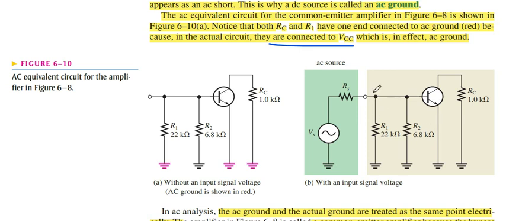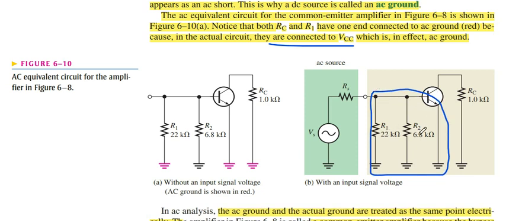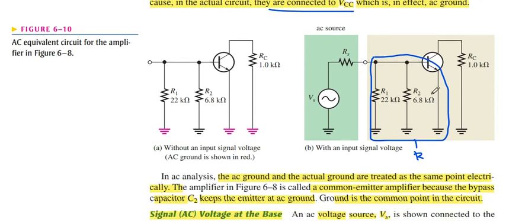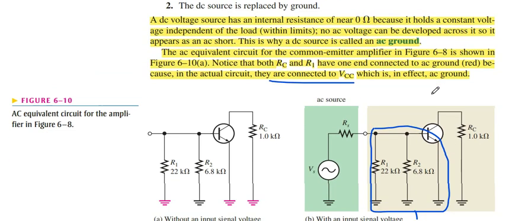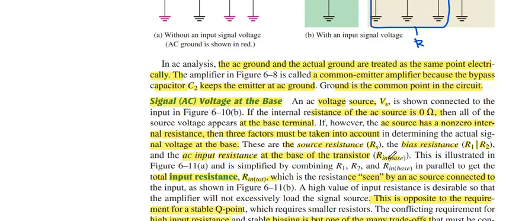First, we replace these three resistances by using one resistance, because the resistance at base and emitter is also represented here as R in base.